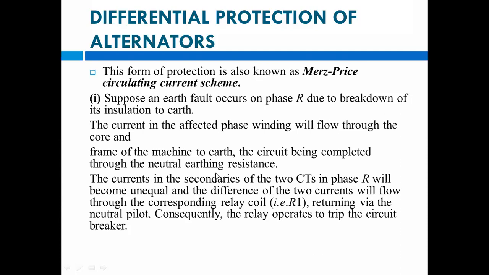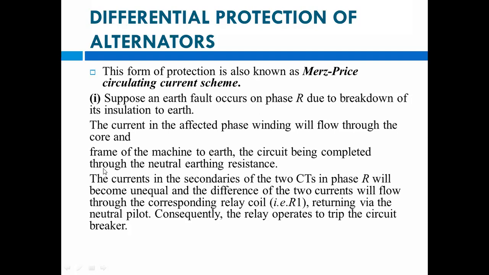All of you know the construction of a generator. So it will flow through the core, then the frame of that machine, towards the earth, because every machine is earthed. The circuit is completed through the neutral earthing resistance.